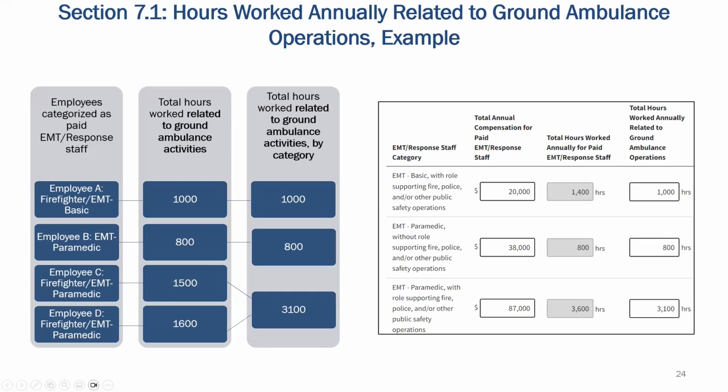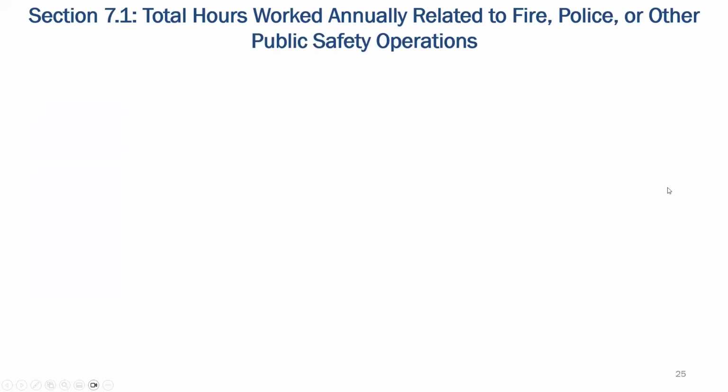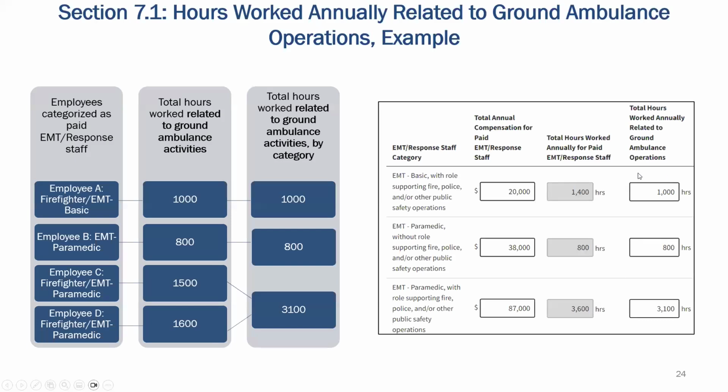And this is a quick example similar to the last one, same 4 staff here, of how you tally up and enter hours worked. So for this first employee, we have 1,000 hours worked. They're the only firefighter EMT basic, so that 1,000 hours gets ported over to this upper right cell on the right-hand side of the screen.